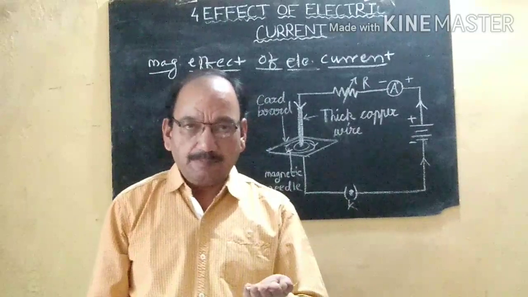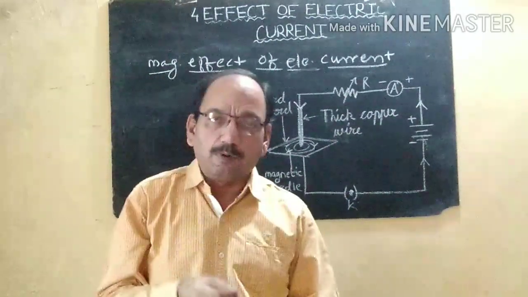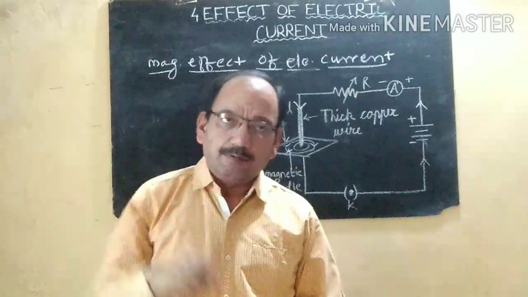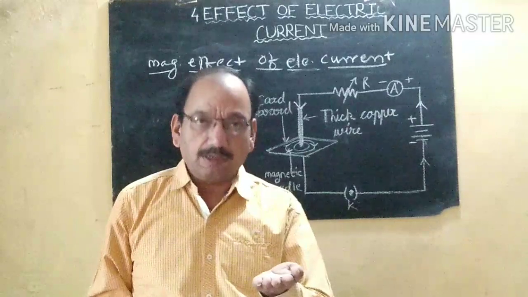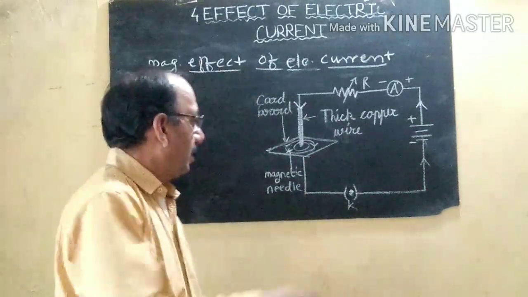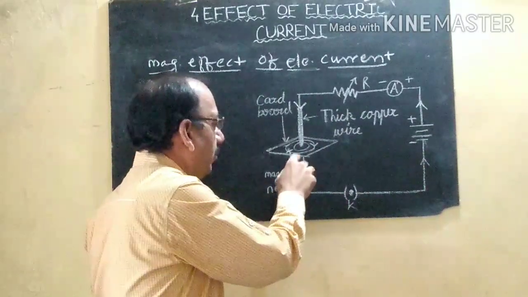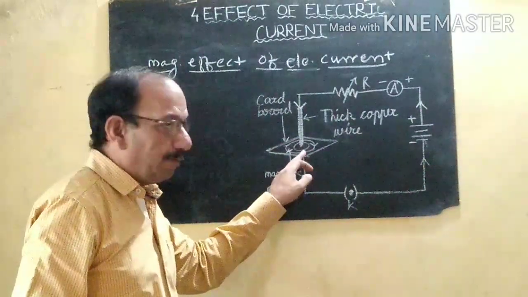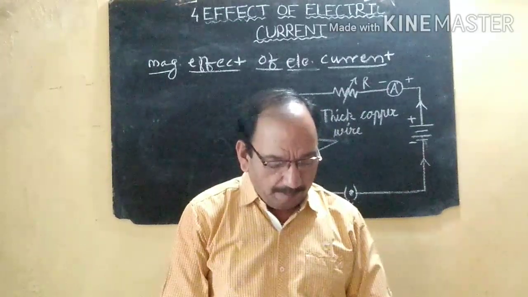When we kept a magnet below the cardboard and spread iron filings on it, magnetic lines of force were formed. Likewise, these concentric circles are formed around this conducting wire. The iron filings arrange themselves in a circular manner.